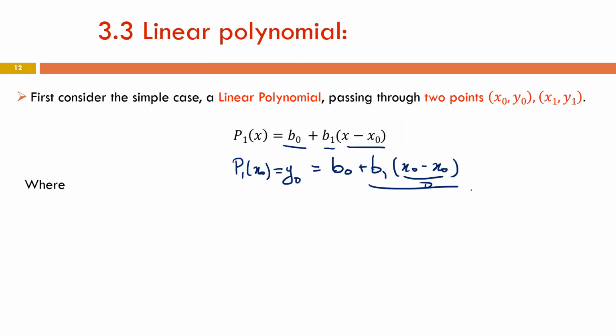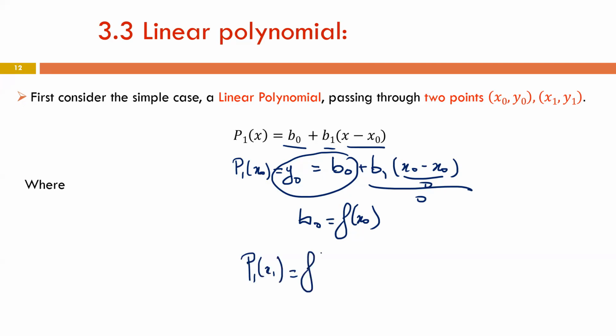This is 0, so this whole term is 0. So b0 will be f of x0. This is b0. And b1, what will it be? p1 of x1, which is f of x1, will be b0, meaning f of x0, plus b1 (x1 minus x0).